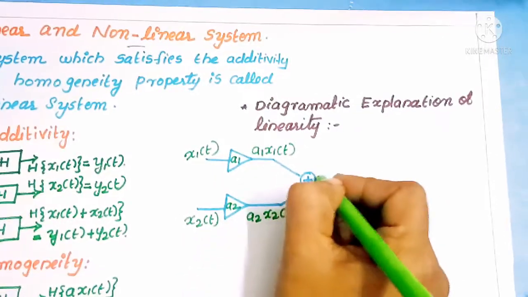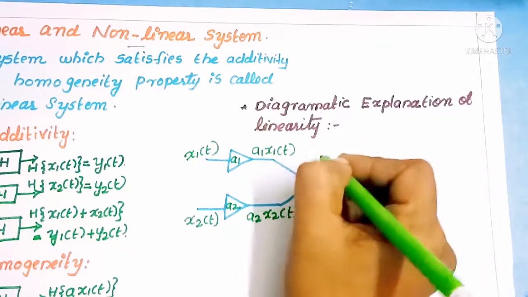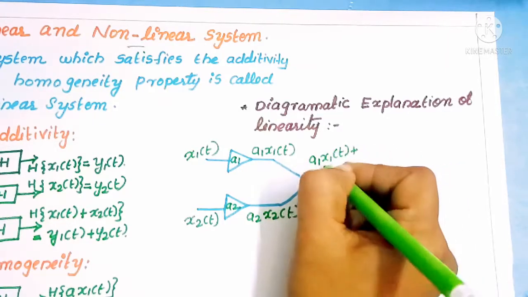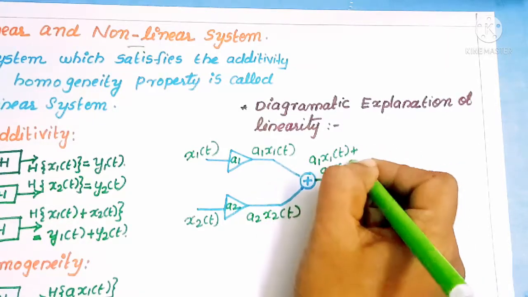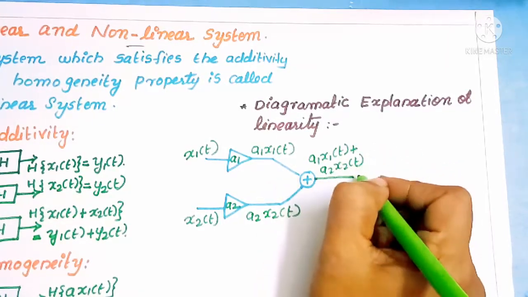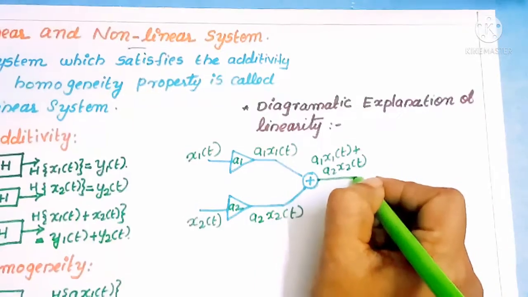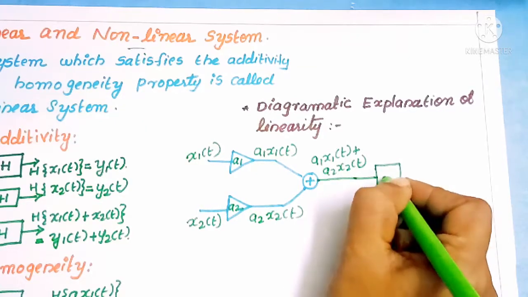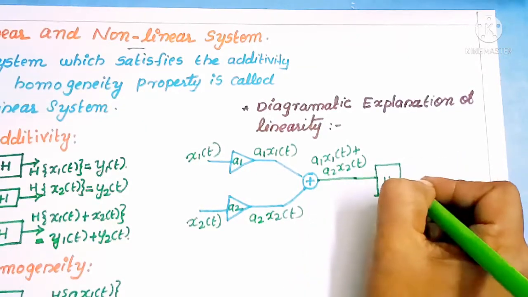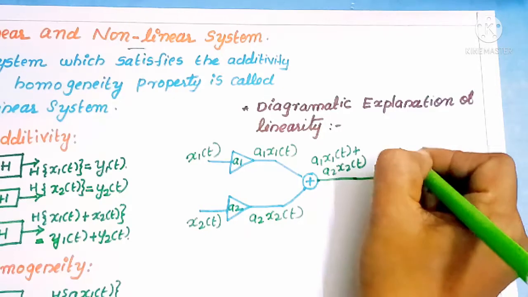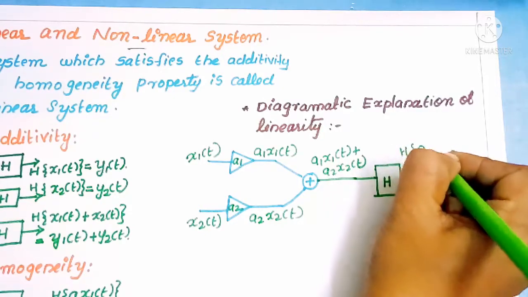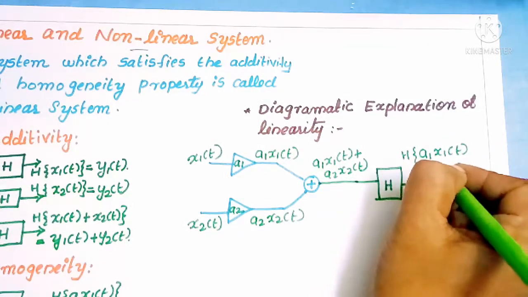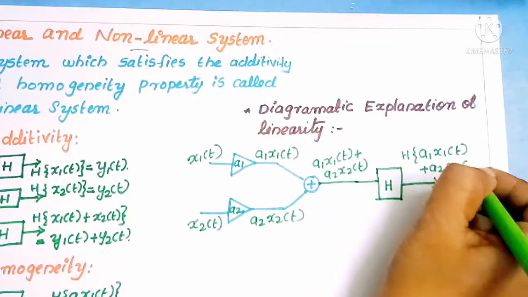Then we take the addition operation, that means a1 x1 of t plus a2 x2 of t. Here we get an added input signal. It is applied to the system H. Then the response of the system is H of a1 x1 of t plus a2 x2 of t.